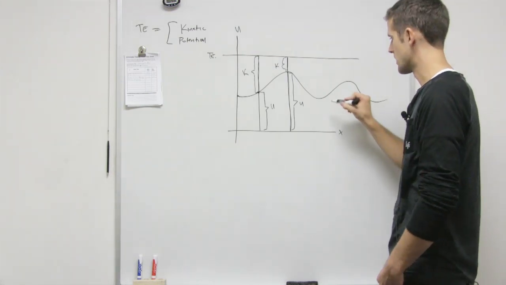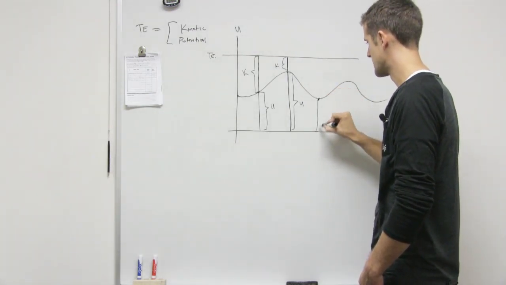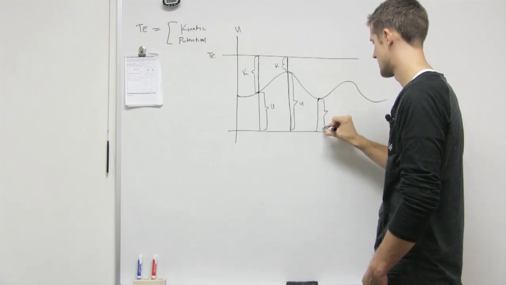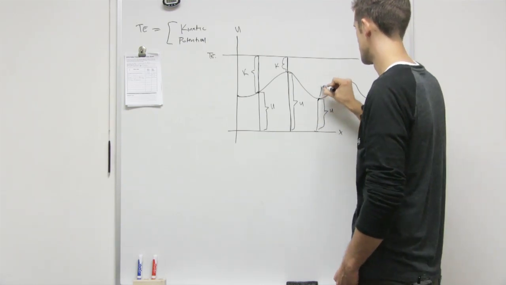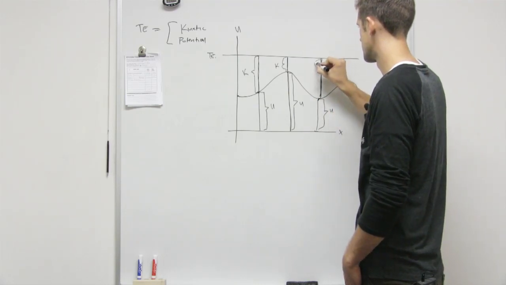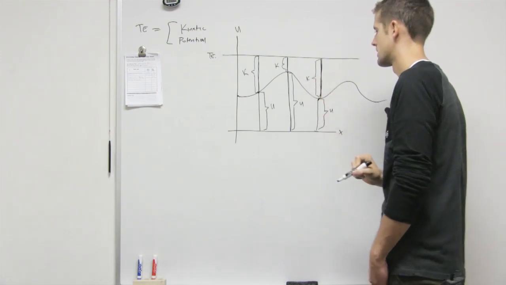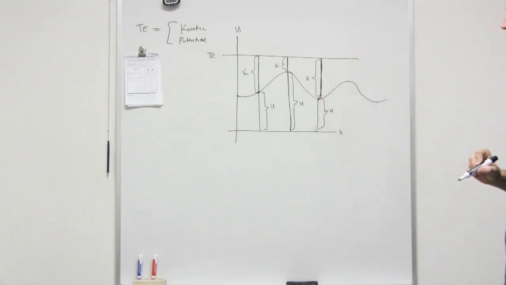Right. So whenever your potential energy is lowest, that means your kinetic energy is going to be highest. You can see that right there. This is kinetic energy. So that's the trick to these graphs.